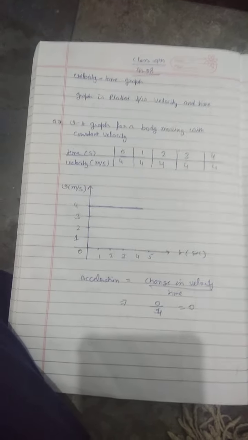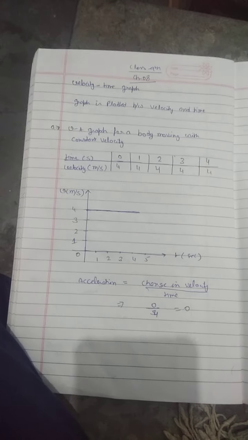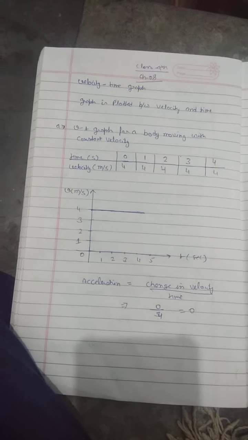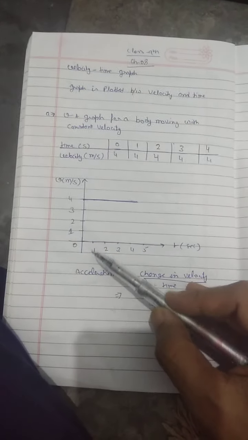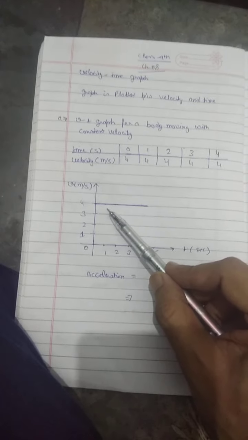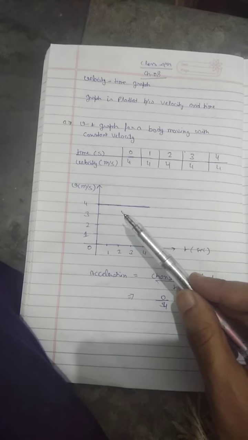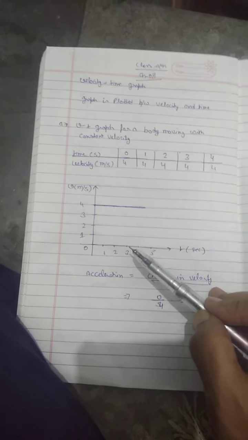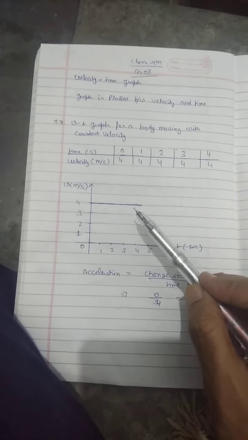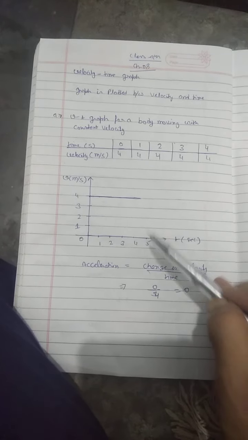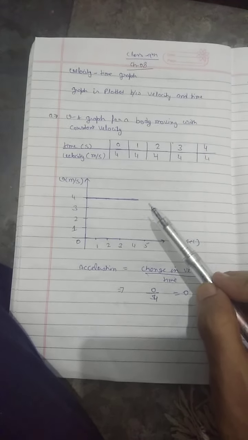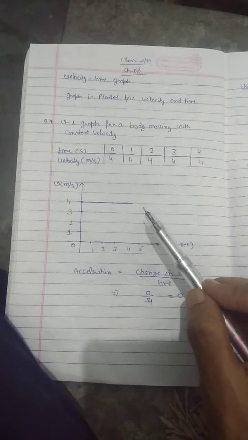Here the velocity is taken as the y-axis and the time as the x-axis. Time is 0, velocity is 4 meter per second. Same, time is 2 seconds, velocity 4 meter per second, time is 3, velocity is 4 meter per second, and time is 4, the velocity is also 4 meter per second.